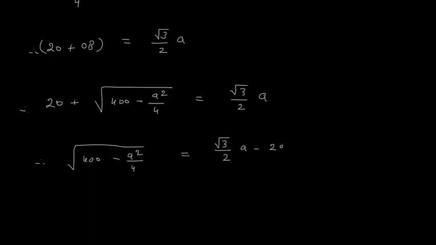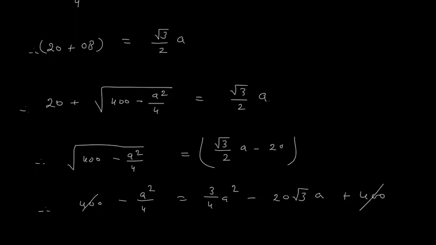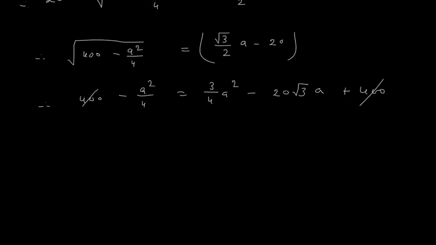Now I will square both sides, so I will get 400 minus A square upon 4 is equal to 3 upon 4 A square minus 20 root 3 times A plus 400. Now this 400 and 400 we can cancel.